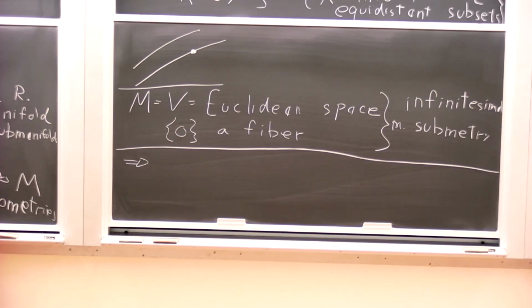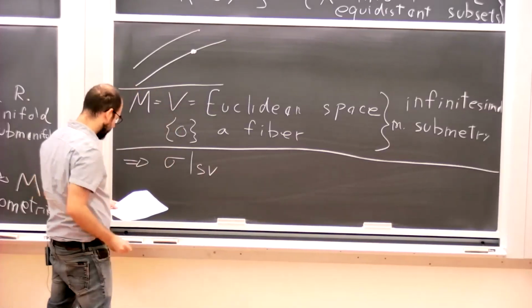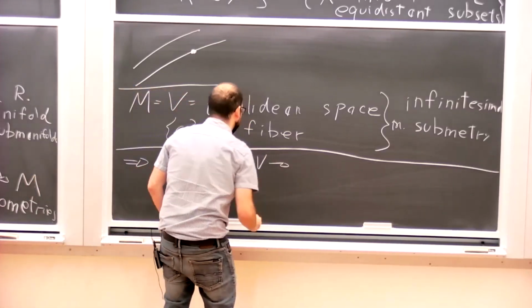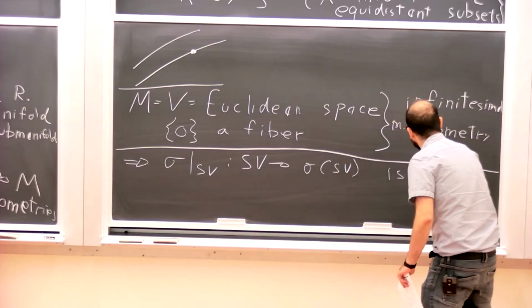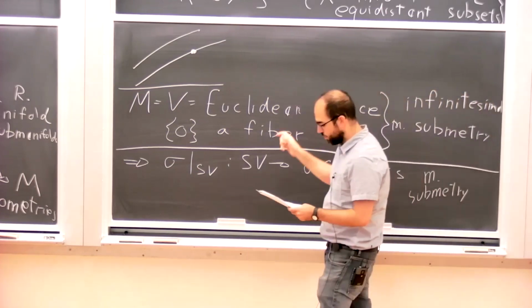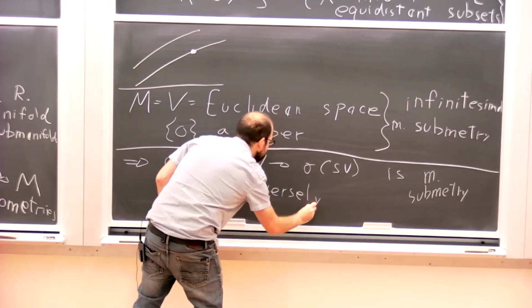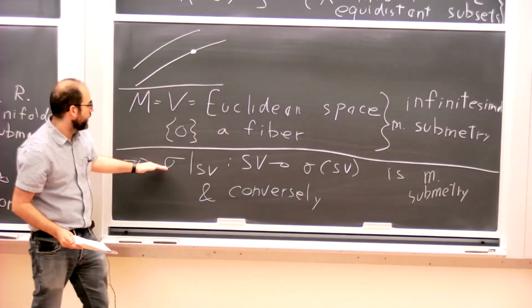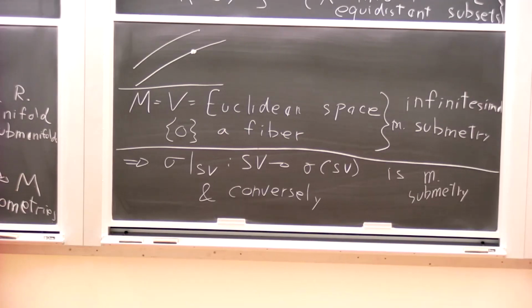The point is that these two things are equivalent: you restrict to the sphere, and you can recover the original one from this. So infinitesimal manifold submetries are the same thing as manifold submetries of a sphere. This is essentially Molino's homothetic transformation lemma that's behind this.